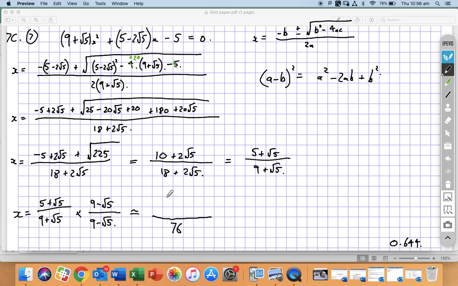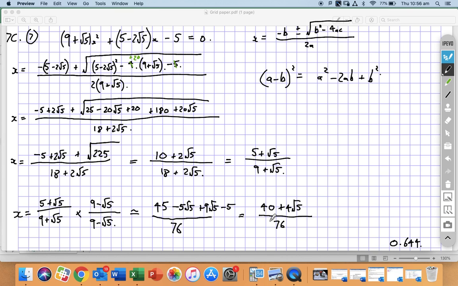Now on the top we've got 45. First, outside, minus 5 root 5. Inside, plus 9 root 5. And the last terms will be minus 5. So this will all equal 40 plus 4 root 5, all divided by 76.